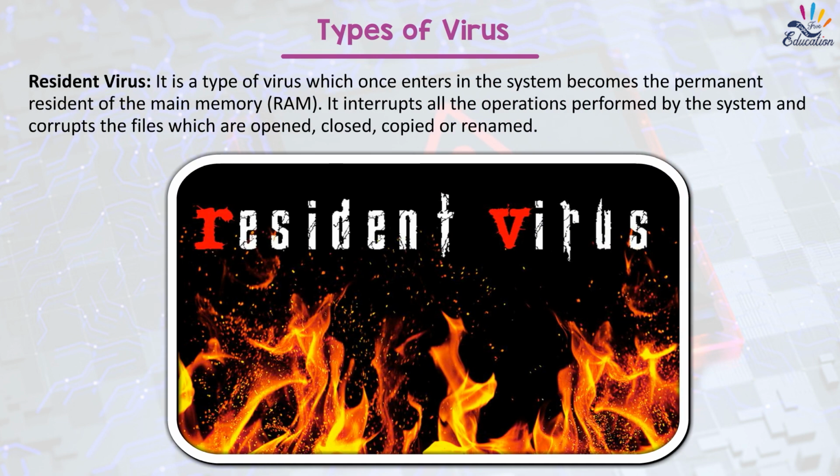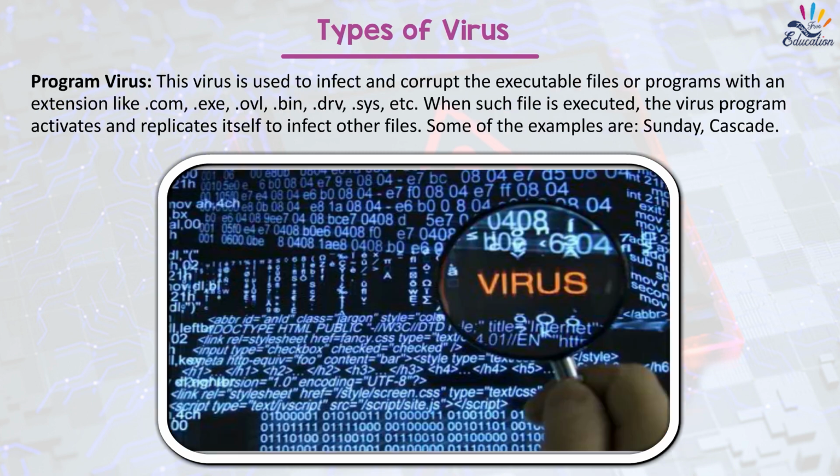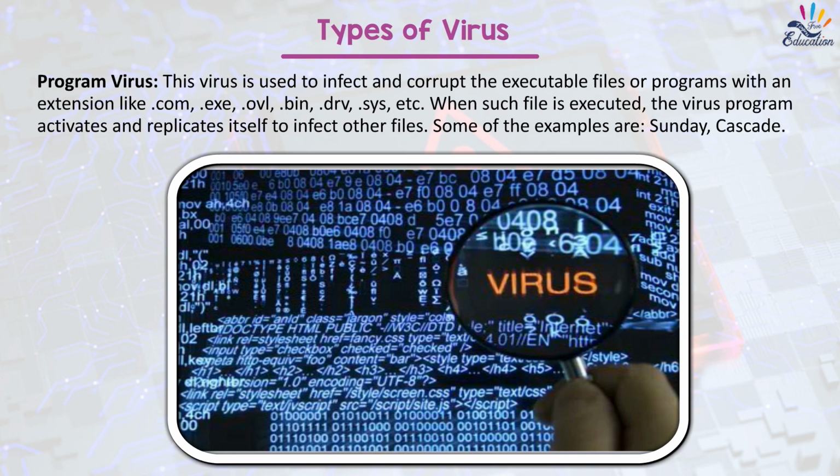Resident virus. It is a type of virus which once enters in the system becomes the permanent resident of the main memory, RAM. It interrupts all the operations performed by the system and corrupts the files which are opened, closed, copied, or renamed. Program virus.